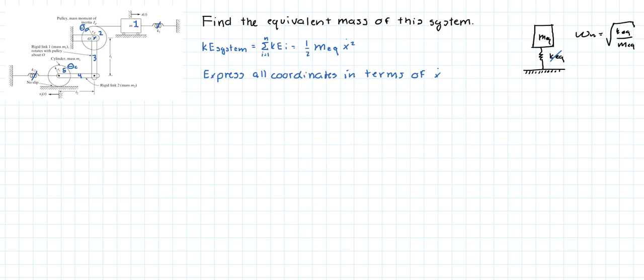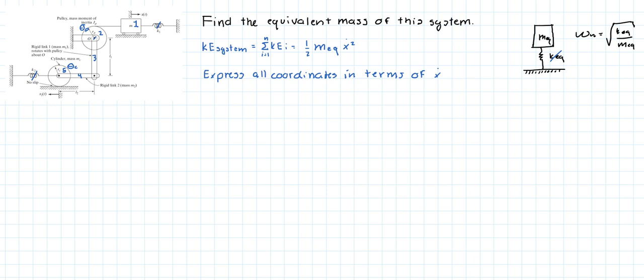It doesn't matter what you choose. The reason we want to do this is that we want to reduce this to 1 degree of freedom. If all the other degrees of freedom, as in theta sub p or theta sub c, can be expressed as a function of another degree of freedom, then in reality there's only 1 degree of freedom.